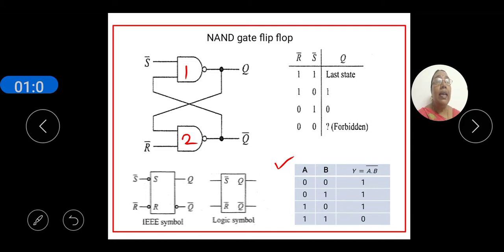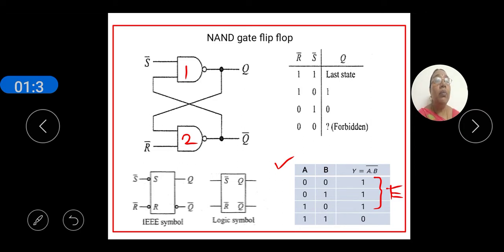You can see that the output of the NAND gate is 1 for the first 3 cases. In the first 3 cases, any one of the inputs is 0 or both the inputs are 0. When any one of the inputs is 0 or both the inputs are 0, we say that the NAND gate is enabled.